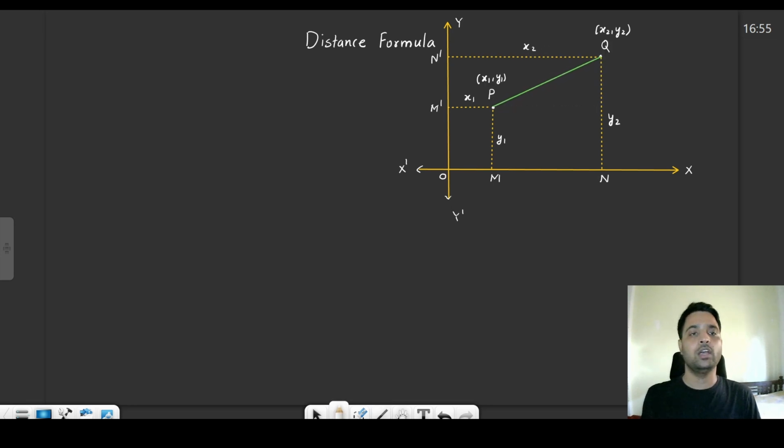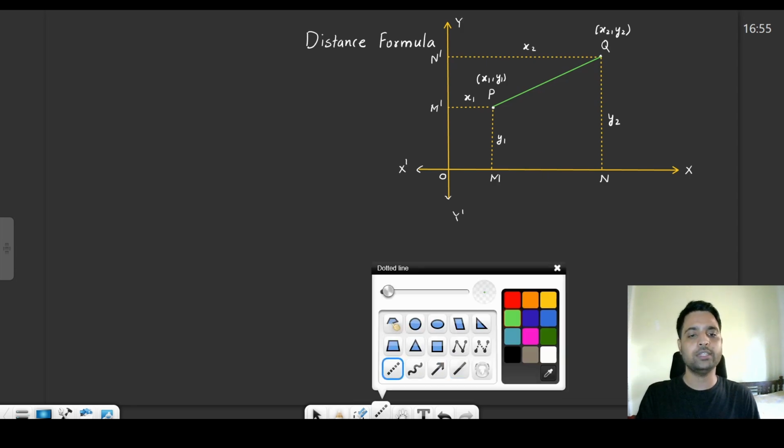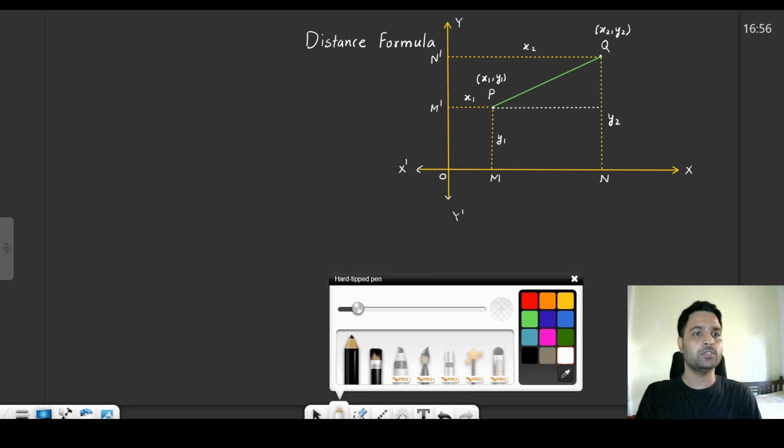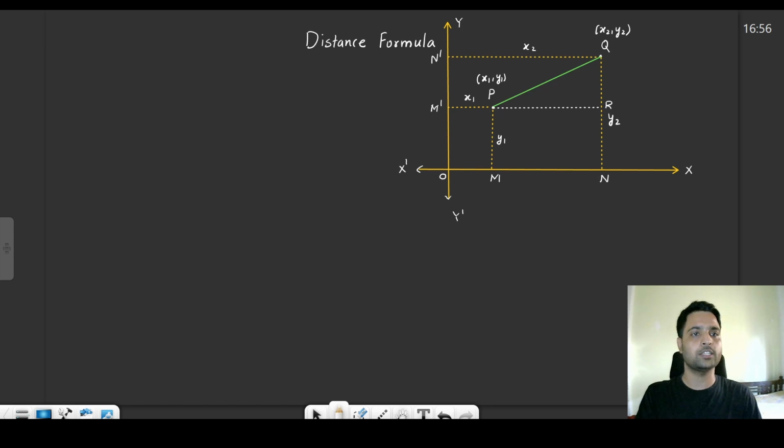Now, how can you find this? It's really simple. If I extend M dash P till this point, it is also perpendicular. Suppose this point is R. So we have now got a right angle triangle PQR.